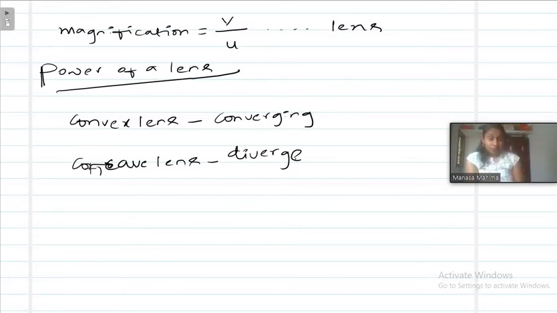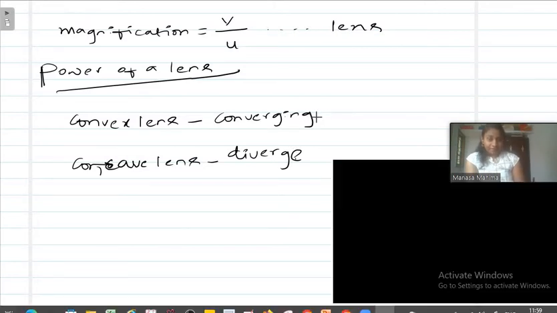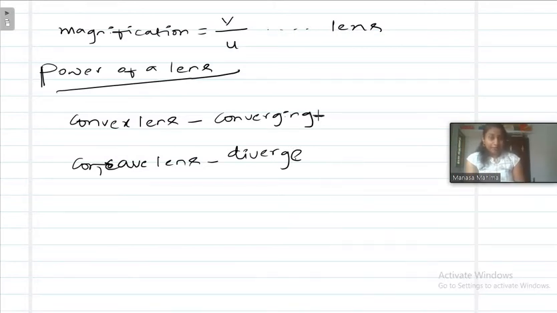Okay, so the amount of converging or the amount of diverging of the light rays depends upon a factor. And that factor we call the power. Power of a lens gives the amount of converging, or the amount of diverging, of a lens.